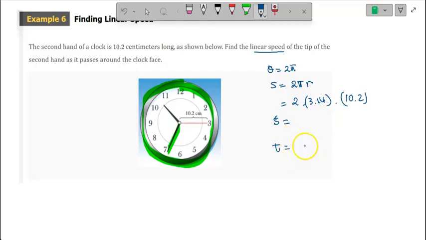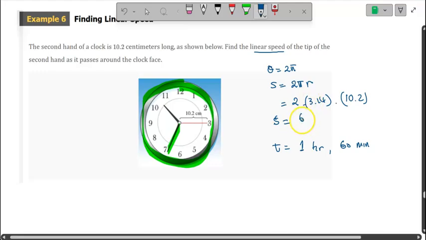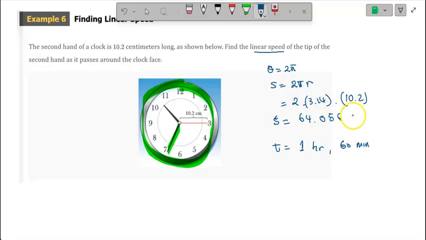So either you make it 1 hour, or you make it equal to 60 minutes, right? So let me calculate. Okay, so after calculating the S, which is 64.056, and that's gonna be centimeters, right?